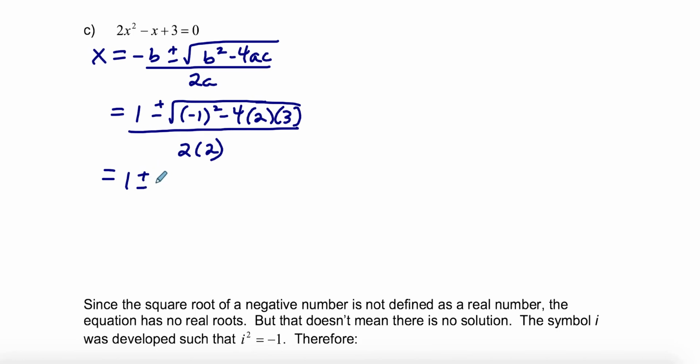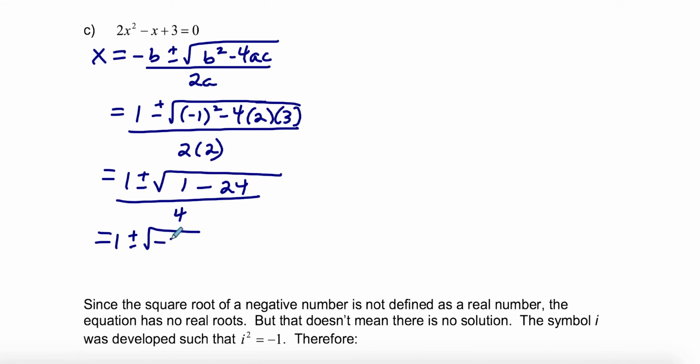And if I simplify, I get 1 minus 4 times 2 is 8 times 3 is 24 over 4. And I'm going to get stuck here because the square root of -23, if you type that into your calculator, you're going to see that it gives you an error.